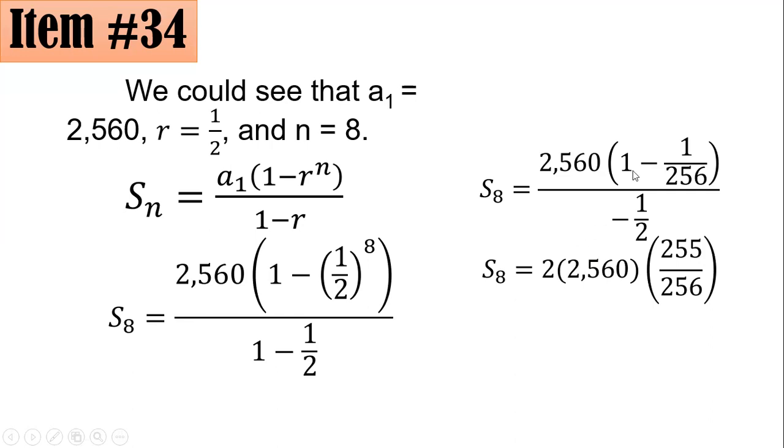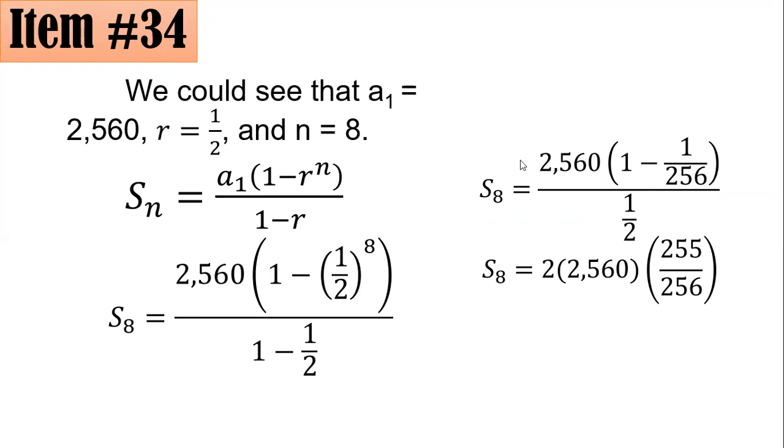This one is 1 minus 1 over 256. All right. And from here, sorry, this should be positive rather. It should be positive 1/2, I mean, because 1 minus 1/2 is 1/2. If you divide by 1/2, you are multiplying the whole thing by 2.